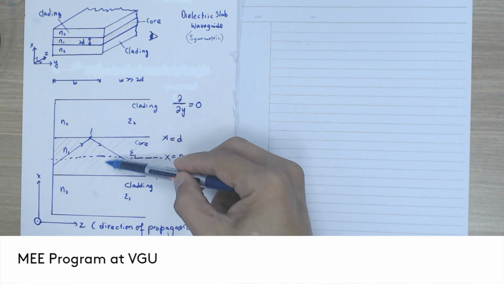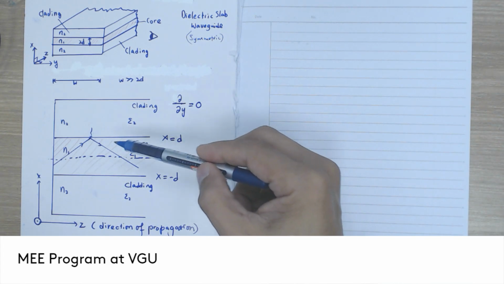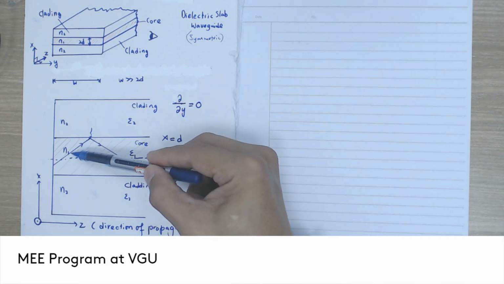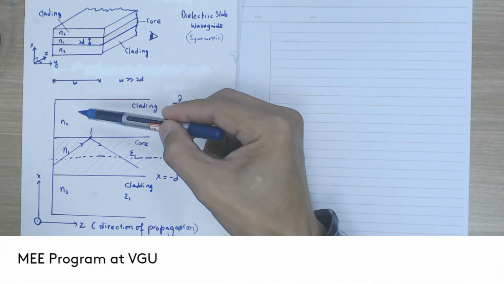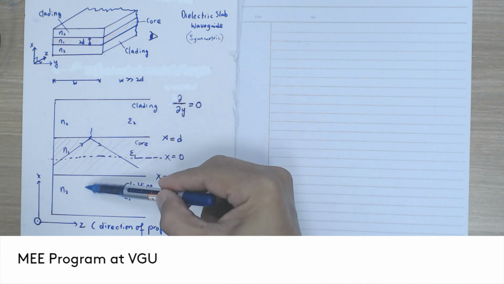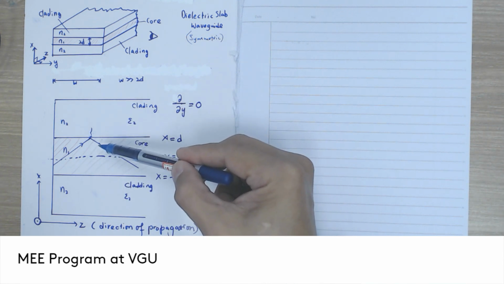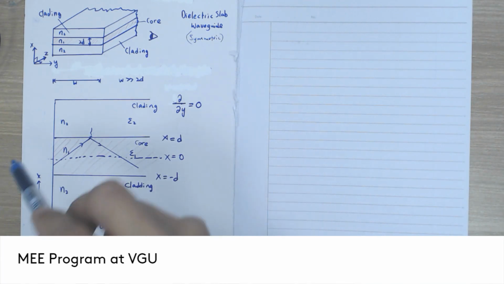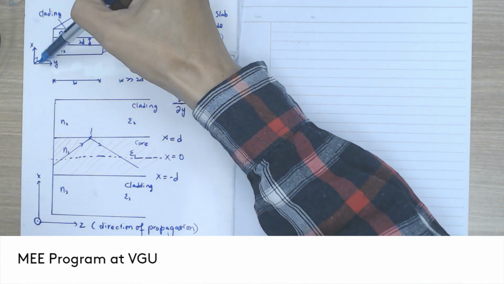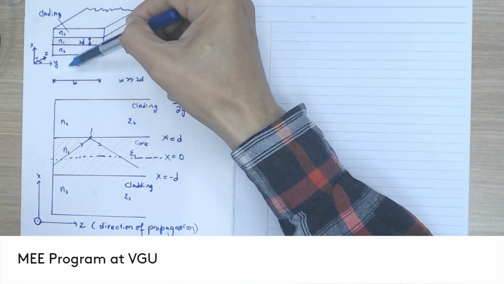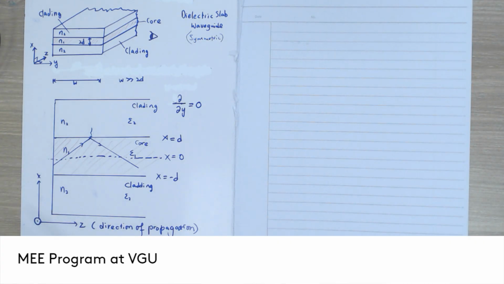The middle layer is the core. The refractive index of the core is n1, and the refractive index of the cladding is n2. I am going to assume that the y-axis is what is coming out of the paper.